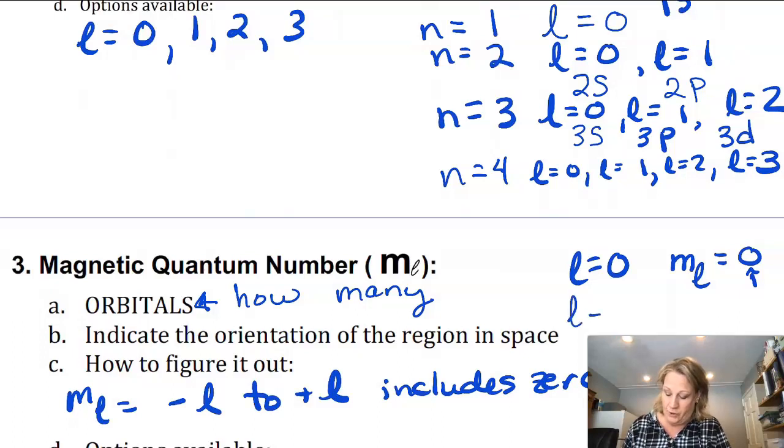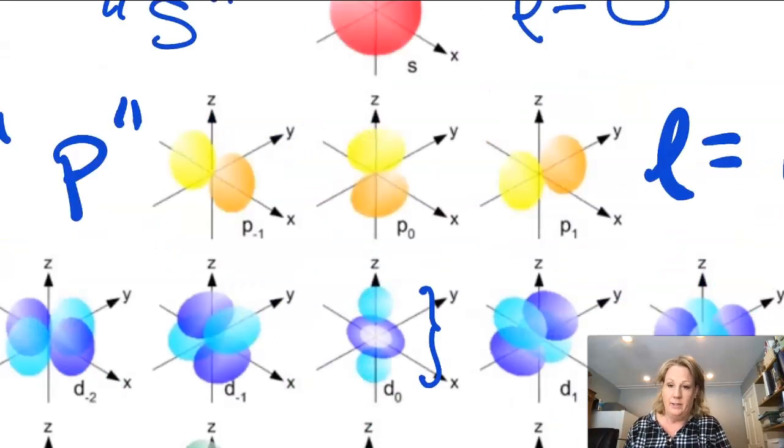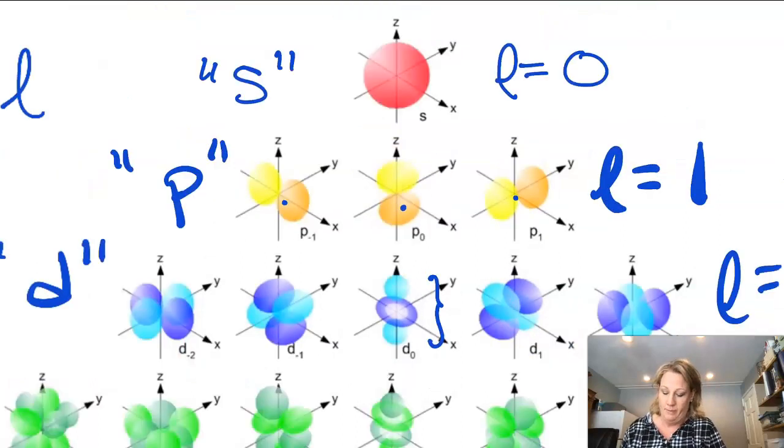If L equals 1, remember we're talking about the P, then your m sub L is going to equal -1, 0, and +1. This is 3 orbitals. There's 3 numbers there. And notice the P has 3 different ways that it can orient itself in space. So there's 1, 2, 3 orbitals in the P sublevel shape.